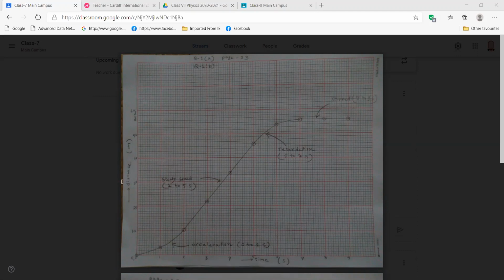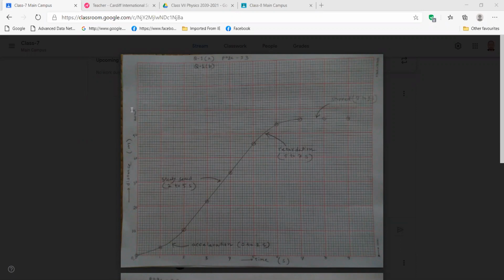Okay, now look. Here we have distance 60. My graph paper is bigger than yours. No problem. If the boxes are smaller, or if your one is bigger, you can take your one that way.